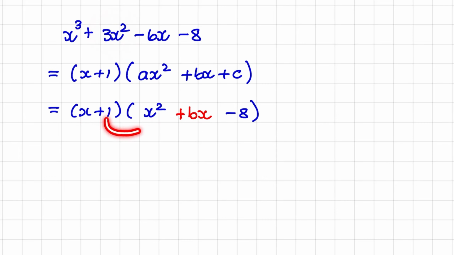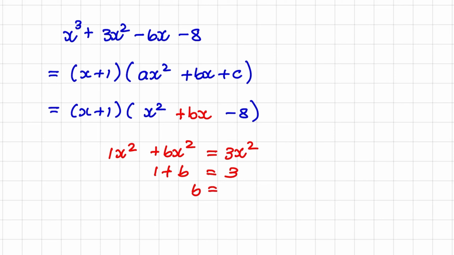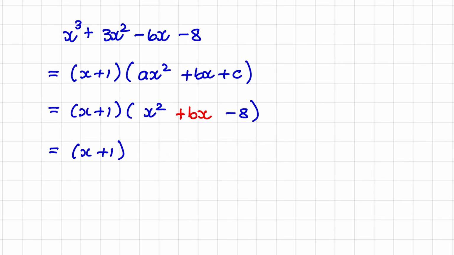Because 1 times x squared would be 1x squared, and x times bx would be plus bx squared, and that must be equal to 3x squared. So I'm creating terms that are all x squared. Now I can drop the x squared everywhere, so I have 1 plus b is equal to 3, therefore b is equal to 2. So therefore, these brackets would be x plus 1 times x squared plus 2x minus 8.